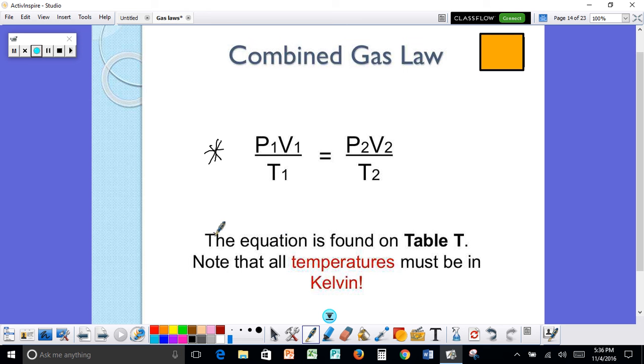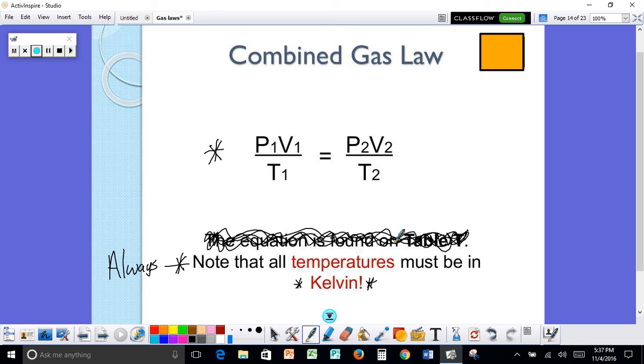So don't worry about this note for table T. That was something for Chem 2 last year, and I just haven't edited that yet. But please make a note that you must always convert to Kelvin. The most mistakes I find when students do the homework and when they do the test is they do not convert. Please make sure you convert.